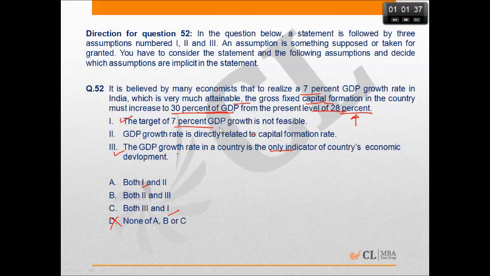Based on this, I can say it is an indicator but not the only one, so statement 3 should be incorrect. I'm not 100% sure, but I think I'll go ahead with this.